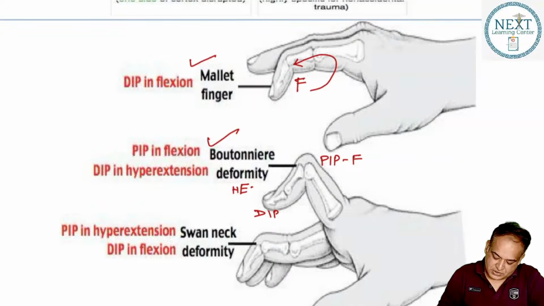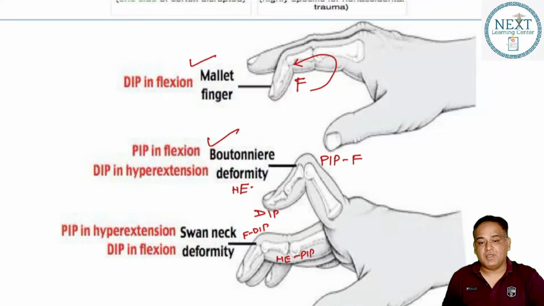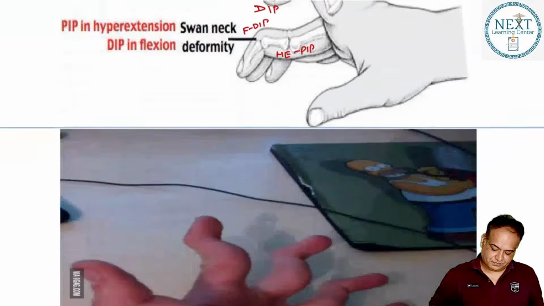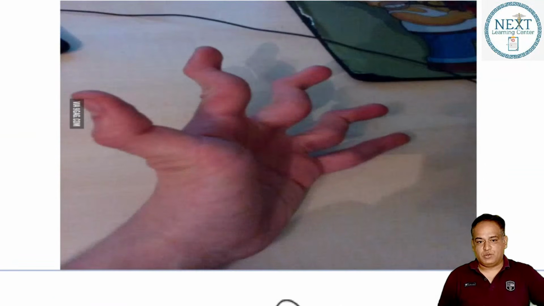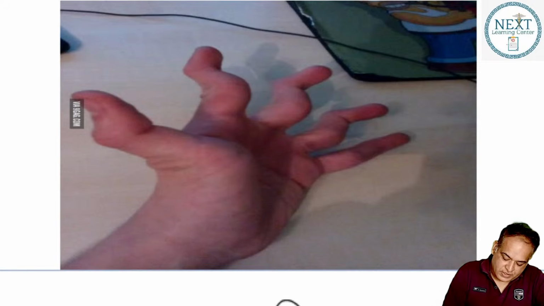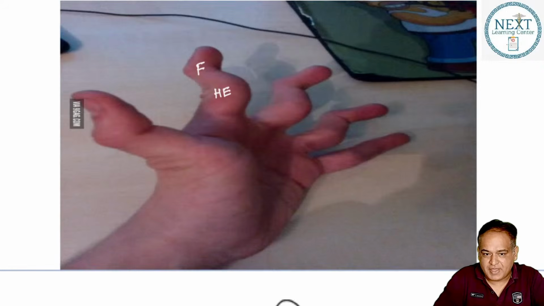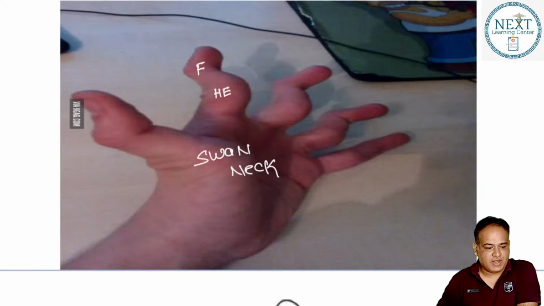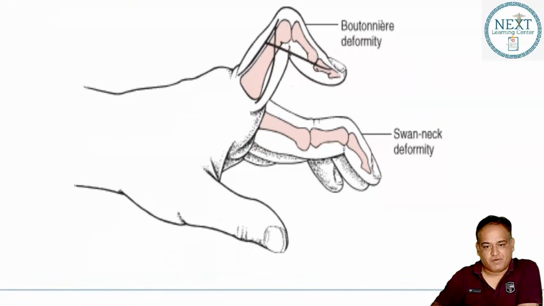If your patient has flexion at DIP and hyperextension at PIP, that is called as swan neck deformity. Now, what do we get to see over here? So you notice that there is flexion at DIP. You notice there is hyperextension at PIP. So this is very typical swan neck deformity.